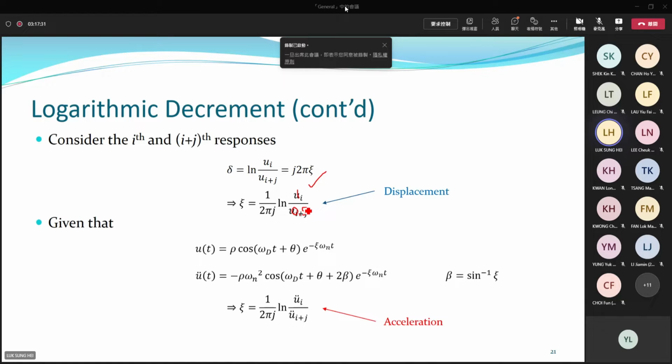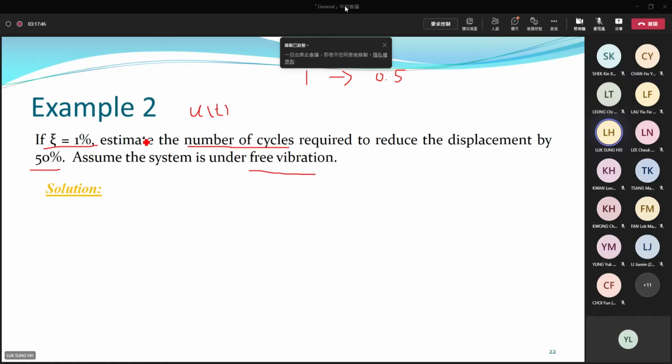Say, for example, 0.5. Damping ratio, you know the numbers, right? So actually, you are just asked to find how many cycles J make the displacement drop to 1/2 of the initial number. For this problem, it's easier to use the log decrement equation.